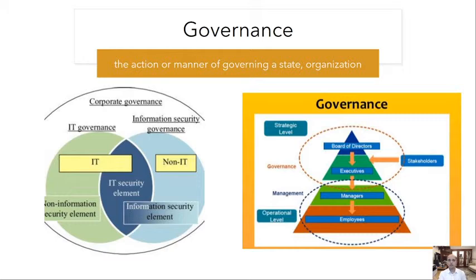We have two types of stakeholders, internal stakeholders and external stakeholders. The top management and the board of directors are internal stakeholders. External stakeholders do not have any direct involvement in the company, but they have either some investment in the company or some other interest in that particular company. That's why we call them external stakeholders.